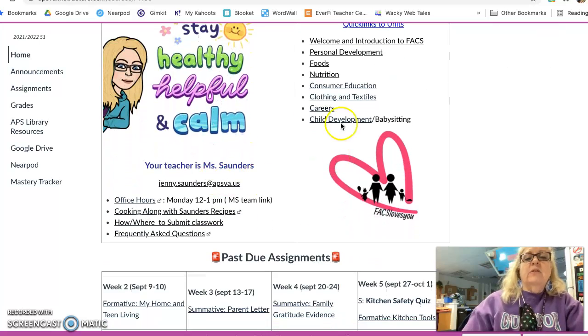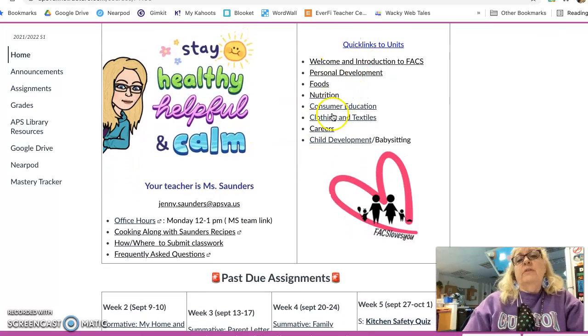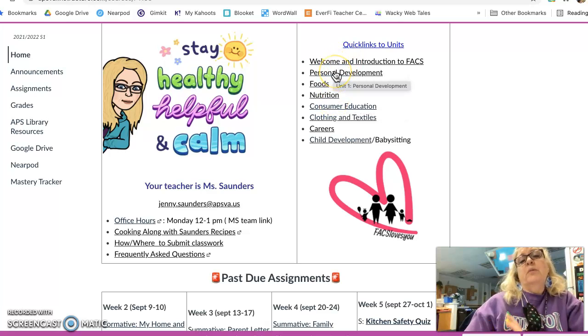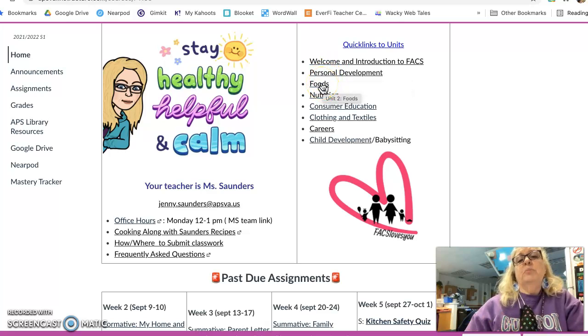This is also the order of the units that they're doing. They did personal development for the first couple of weeks we're here. We started doing the food and the training and being in the kitchen, being safe, knowing how to measure, the kitchen equipment and such. And now we just started this week, nutrition. And these are the other topics we'll be moving into for the next semester as well.